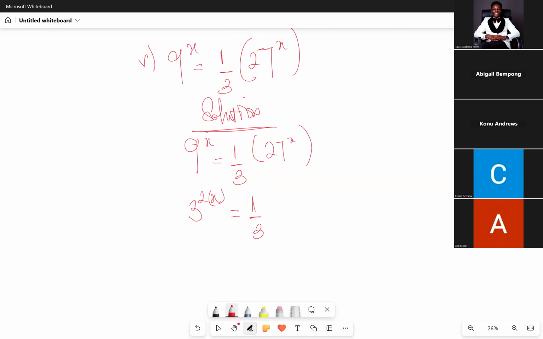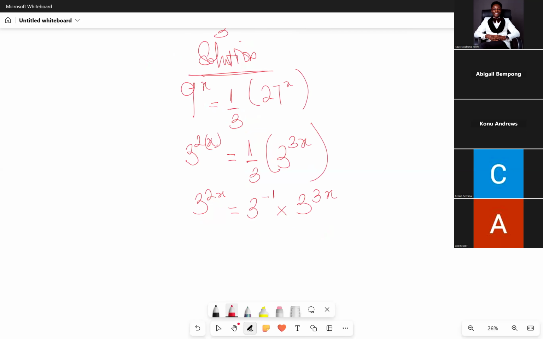And then 27 is expressed as 3 exponent 3 into bracket x. So 3 exponent 2x equals, I will express 1 over 3 as 3 exponent negative 1. And then the bracket indicates that they are multiplying, so times 3 exponent 3x.